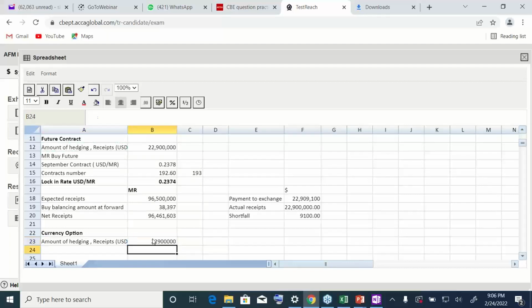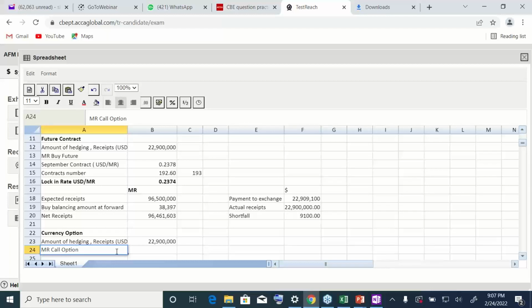So guys, if you are buying the future, that means you will buy the MR call option. There is no need to think again. If you are buying future, that definitely means you are buying call option.